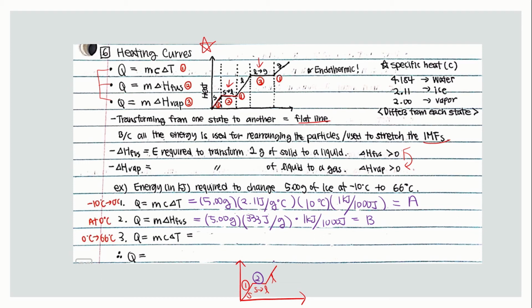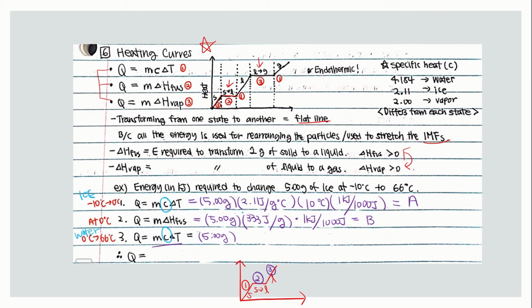And for the last step, you're also using Q equals mcΔT, so you're doing the same thing, but you have to make sure that you know the C values differ for the ice state at -10 degrees Celsius and the liquid water state.